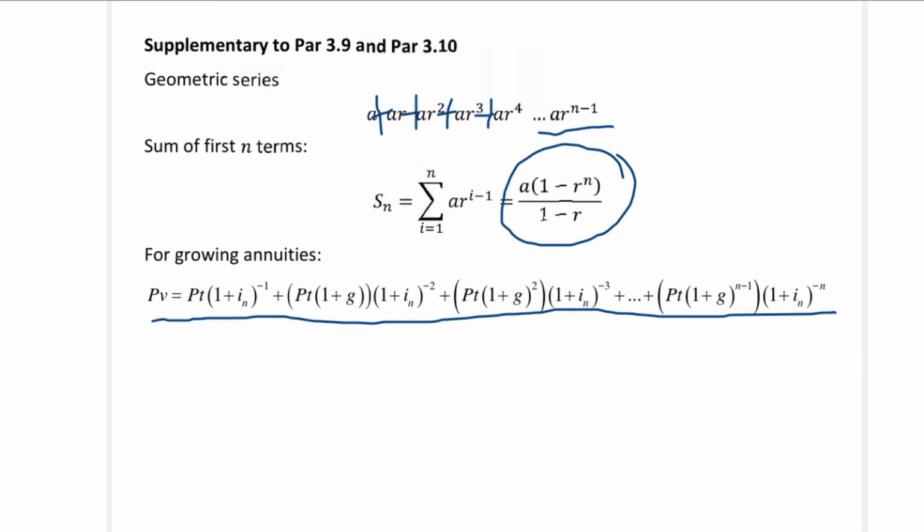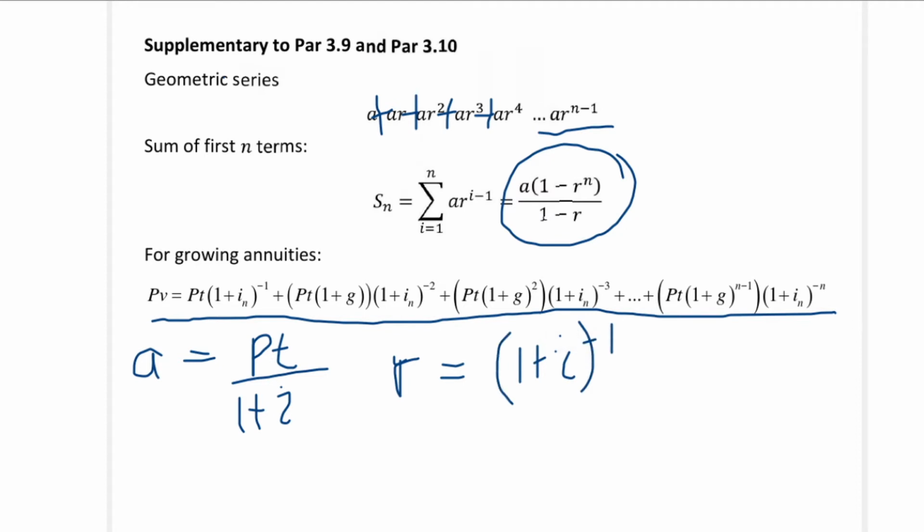And from this you can recognize your A and your R. So your A is given by that term, and sorry, your R is actually given by 1 plus G over 1 plus I.